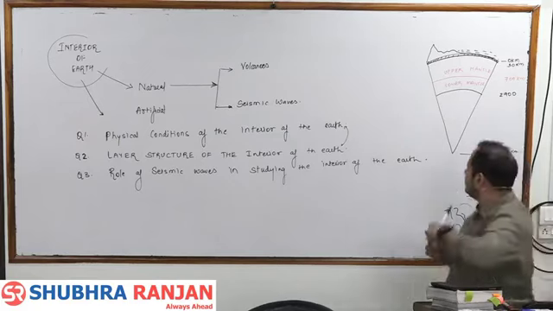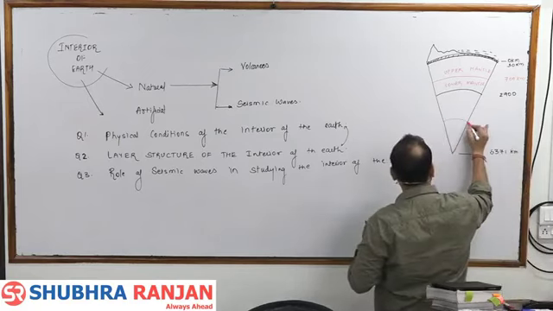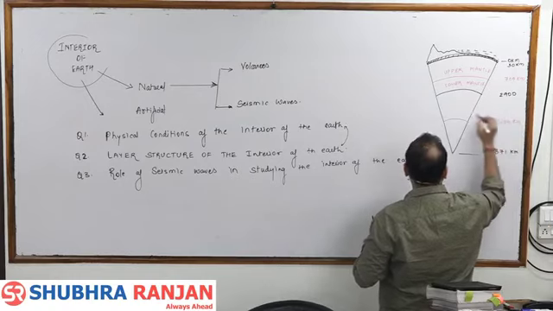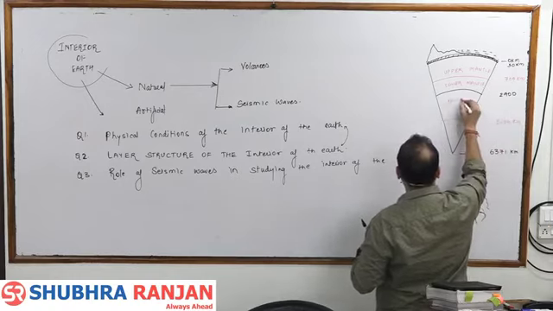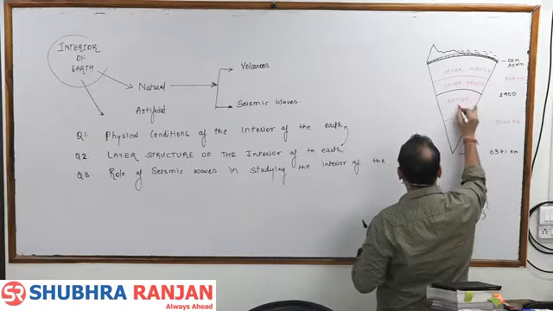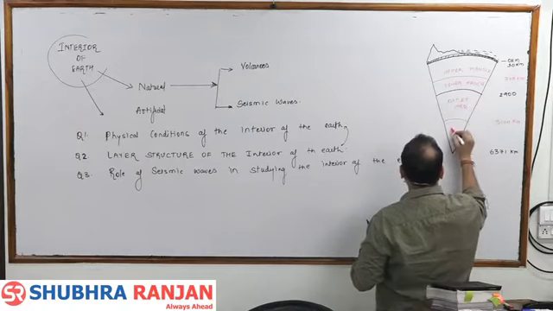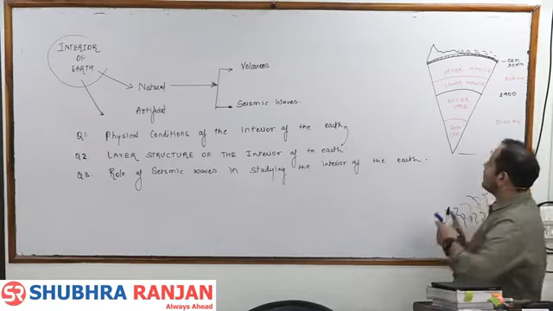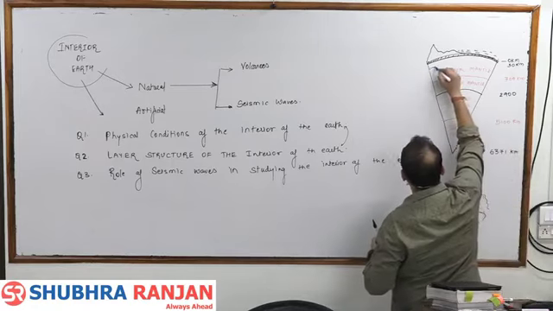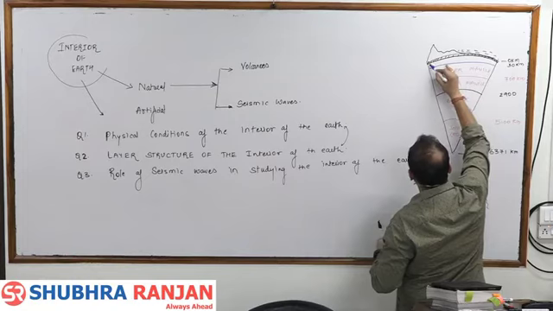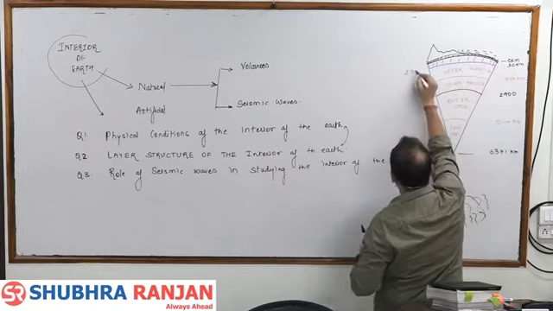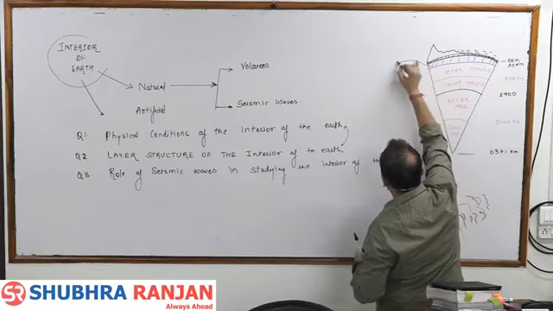Similarly, at 5100 kilometers, we have the outer core, and after that we have the inner core. In the asthenosphere, in the upper mantle, the upper part of the mantle up till the depth of 200 kilometers is asthenosphere.